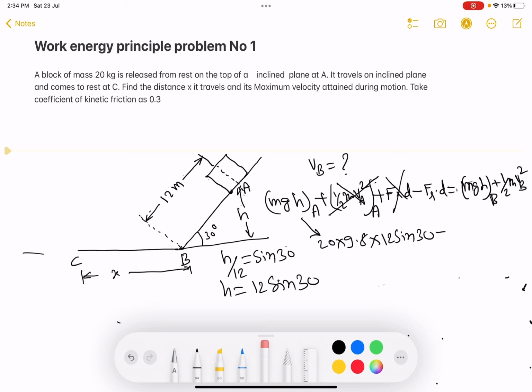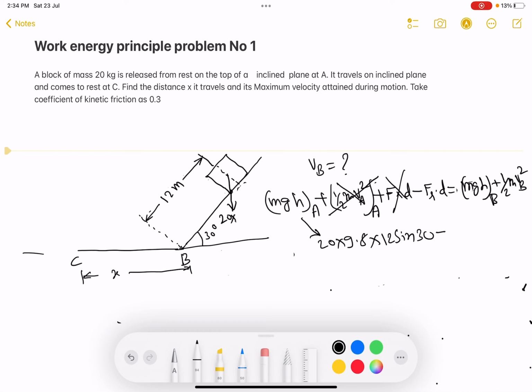Now if you see here, this is the block, its weight is mg, 20 into 9.8 newtons, acting downward. The normal force is this, and to distinguish it I'll use blue color. So this is N, right?